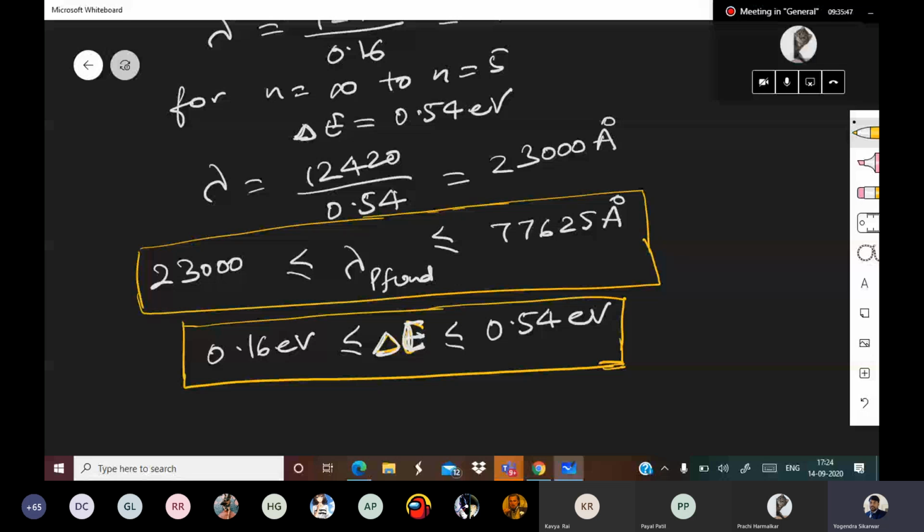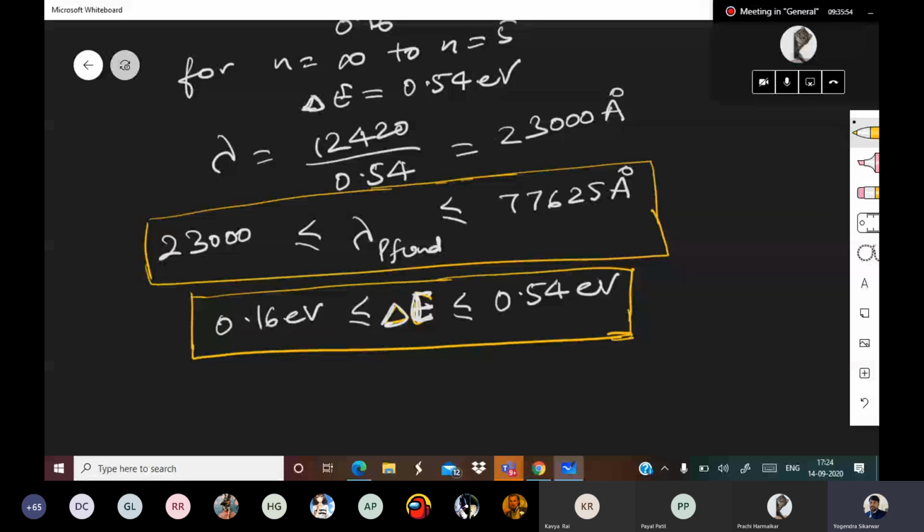Okay, and this is in far infrared region.